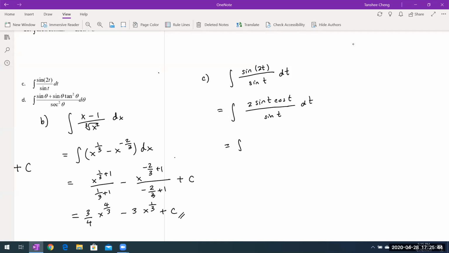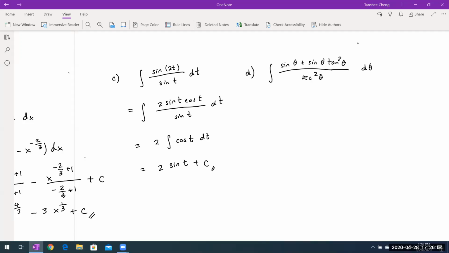That will give me the integral, and I'm going to bring this 2 out, so it'll be 2 times the integral of cosine t dt. Now when I take the integral of cosine, that's sine t, and don't forget to add a constant plus c. That's the trick that we're going to use on trigonometric functions.